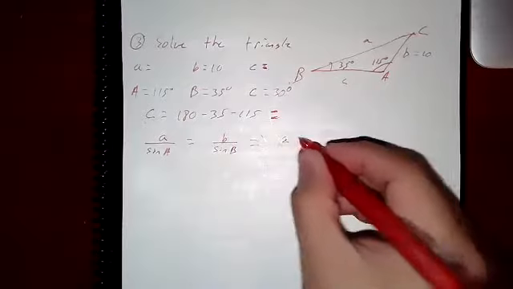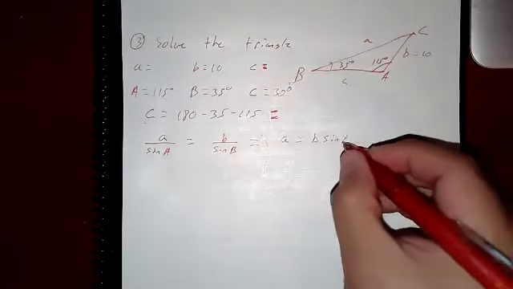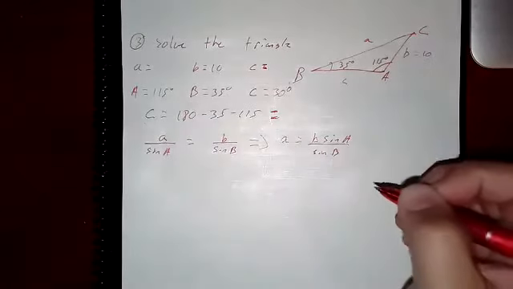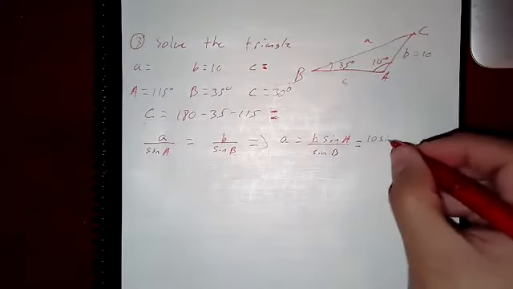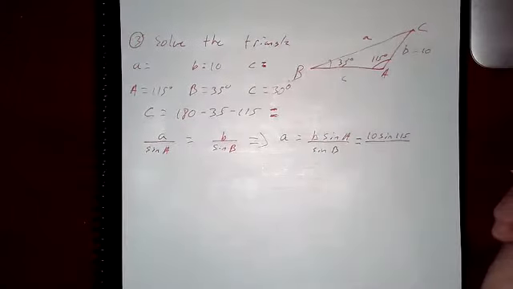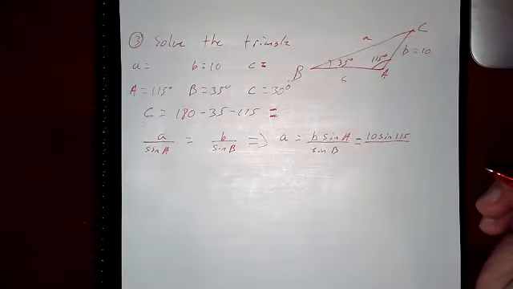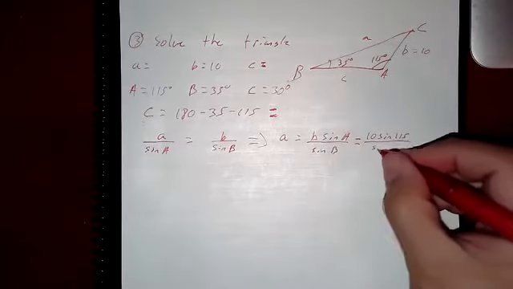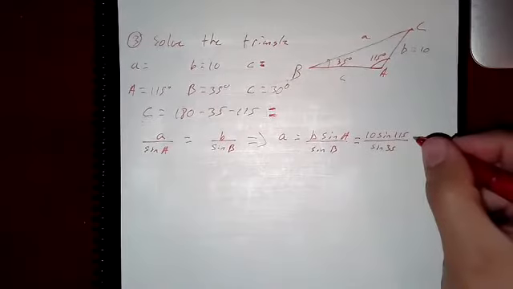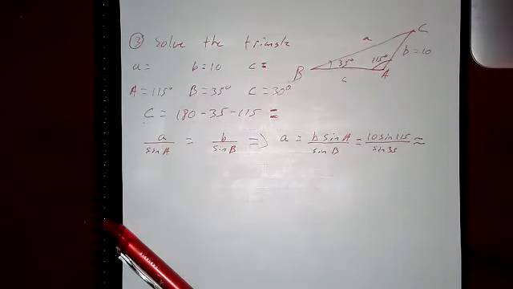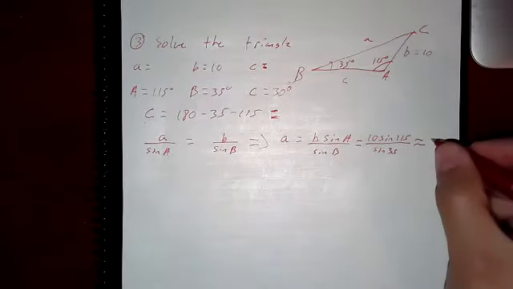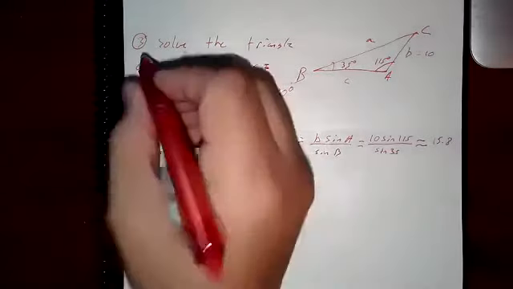So this implies that little a is equal to b sine A over sine B, which would be 10 sine 115 over sine 35. That should be about 15.8 for little a.